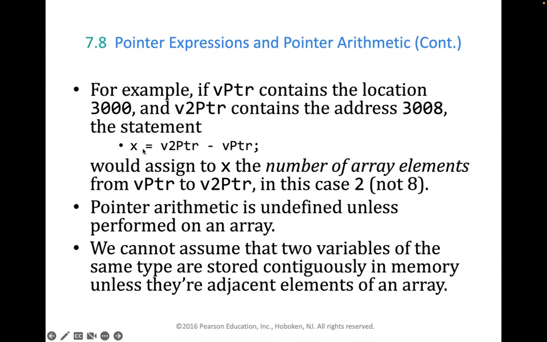Then the statement x equals v2Ptr minus vPtr assigns to x the number of array elements from vPtr to v2Ptr. So x will be 2 elements. Note x is not bytes. This gives you the number of array elements.